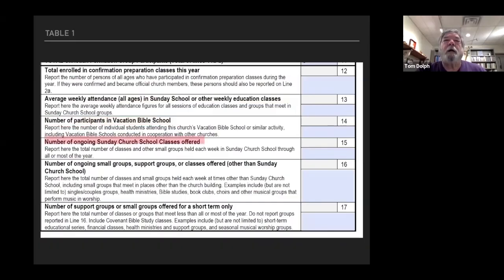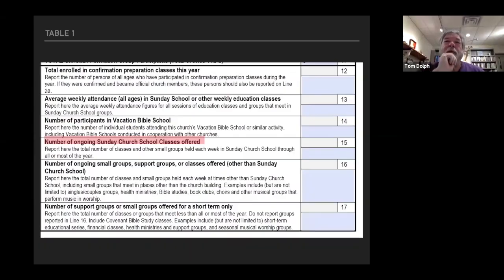The number of ongoing Sunday school classes offered. So this is strictly the number of classes, not about people. However, you need to pay attention to the number of classes and the average attendance.